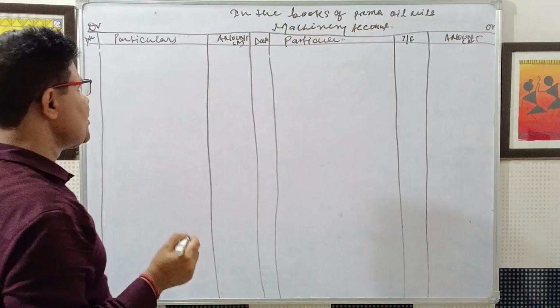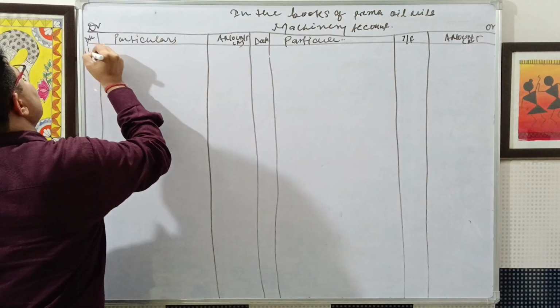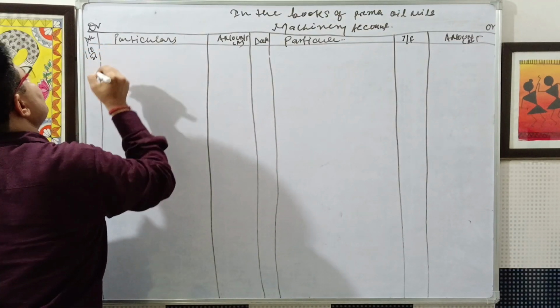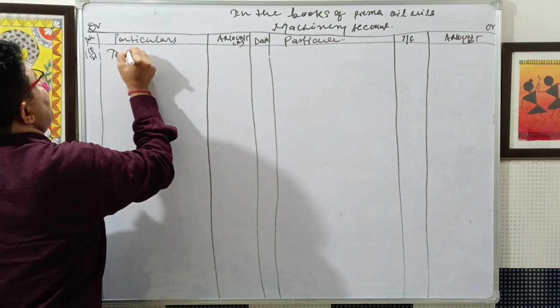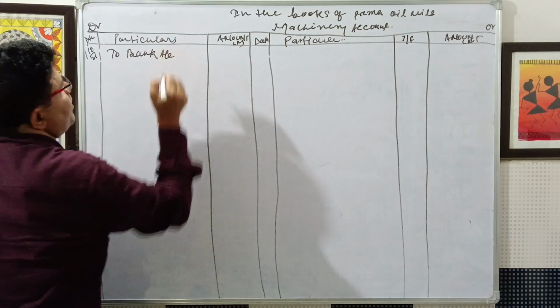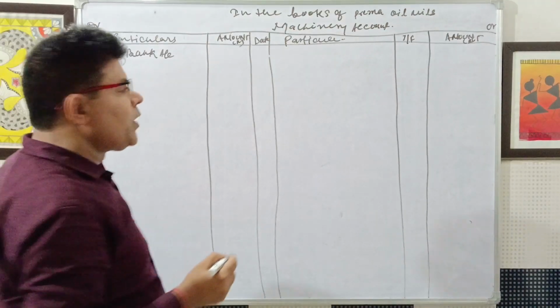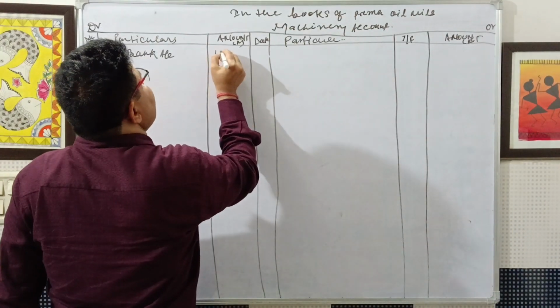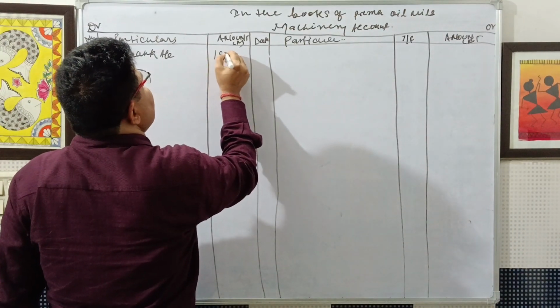On 1st October 2021, to bank account, how much? 1,80,000, machinery purchase.